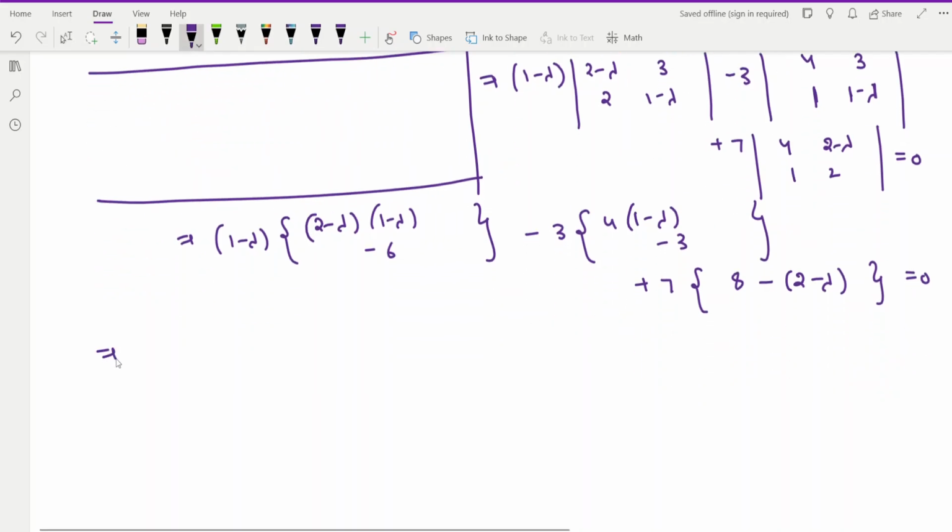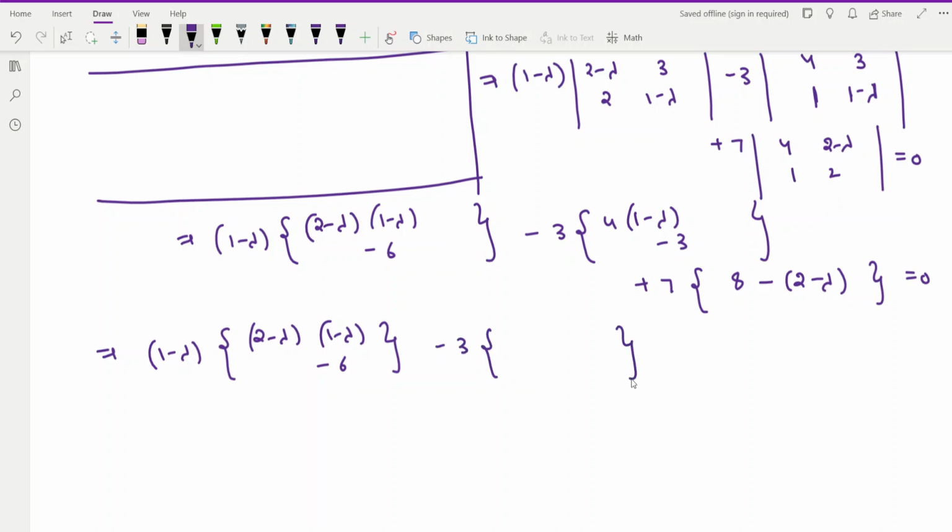Now what I will do here is a little bit more simplification. (1 minus lambda) as it is, times [(2 minus lambda)(1 minus lambda) minus 6], and minus 3 times [4 minus 4 lambda minus 3], and plus 7 as it is, times [8 minus 2 plus lambda], equal to 0.